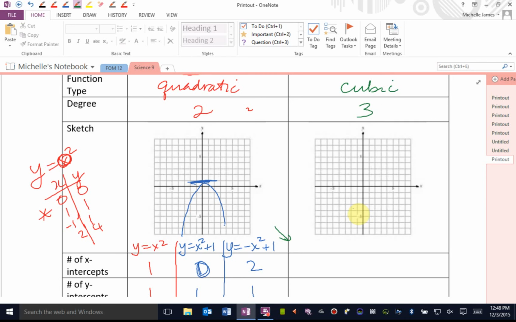The graph of y equals x cubed will come up from the third quadrant. It kind of flattens out, and then it goes back up. So it'll look something like that.